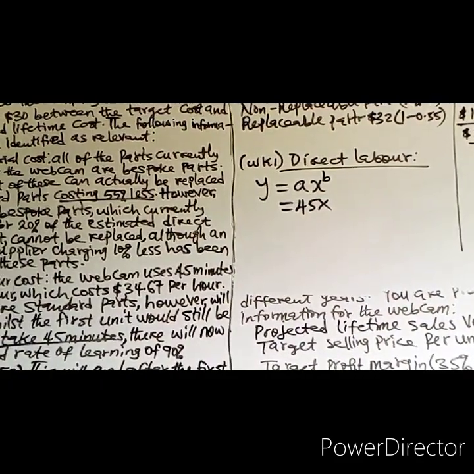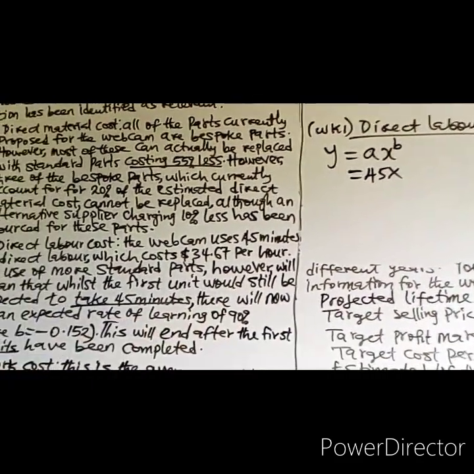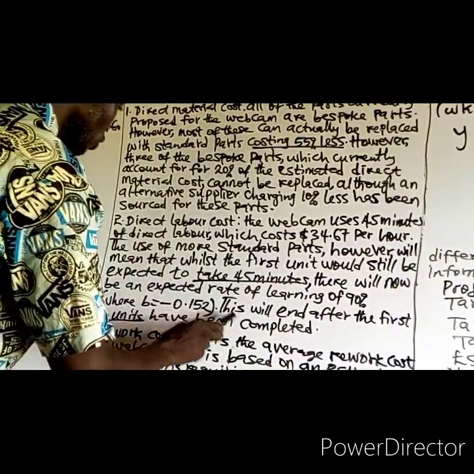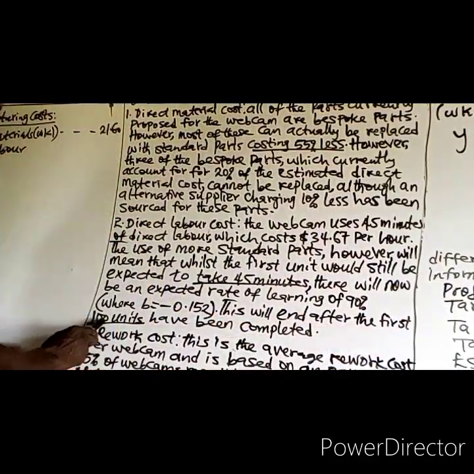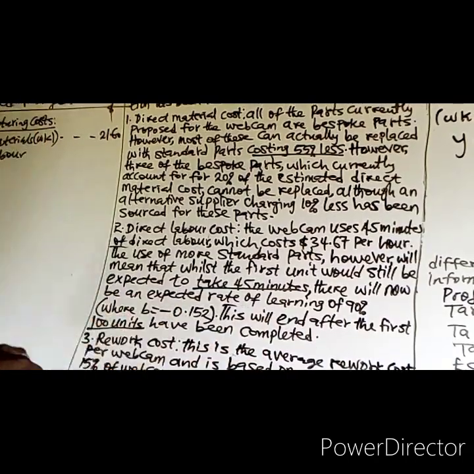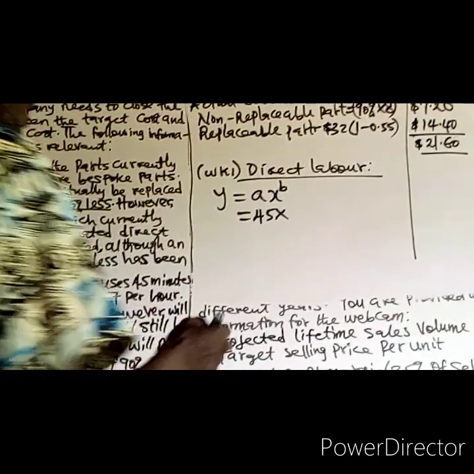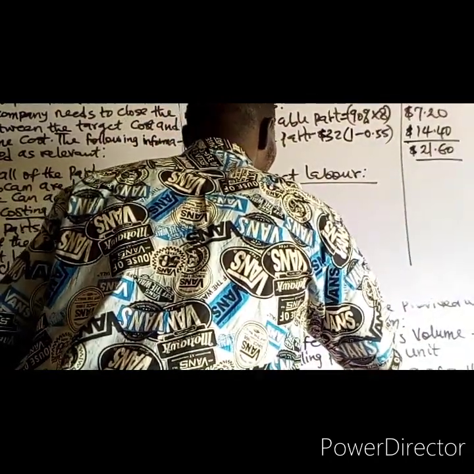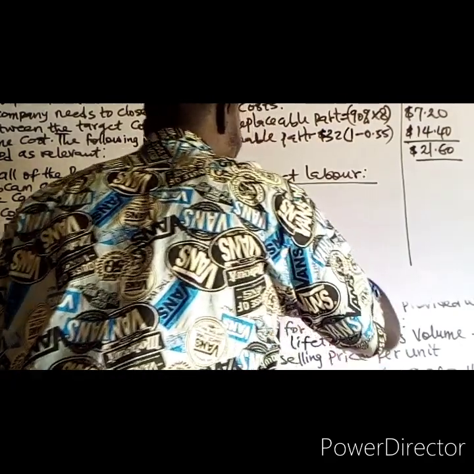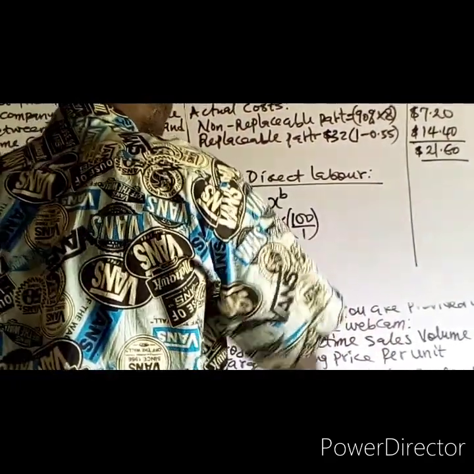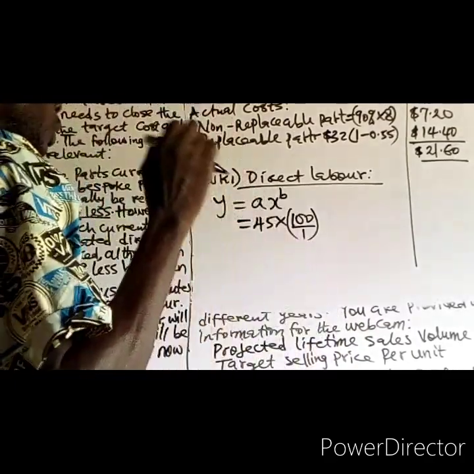There will now be an expected rate of learning of 90%, where b is minus 0.152. This will end after the first 100 units have been completed, so x will be 100 over 1, the cumulative output over the number of units in the first batch, which is 1.